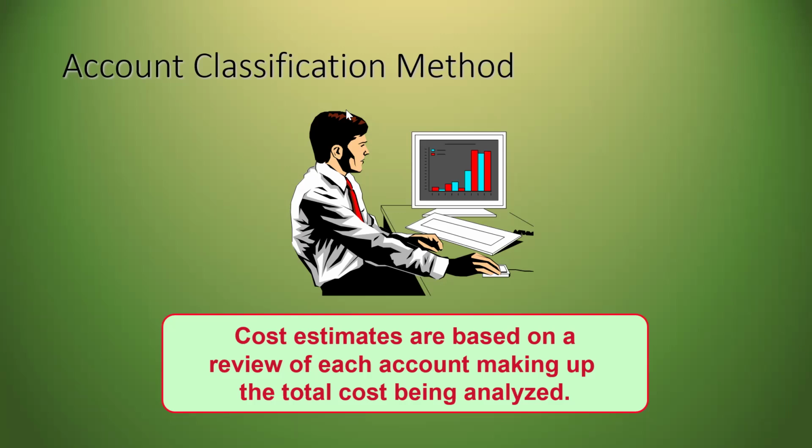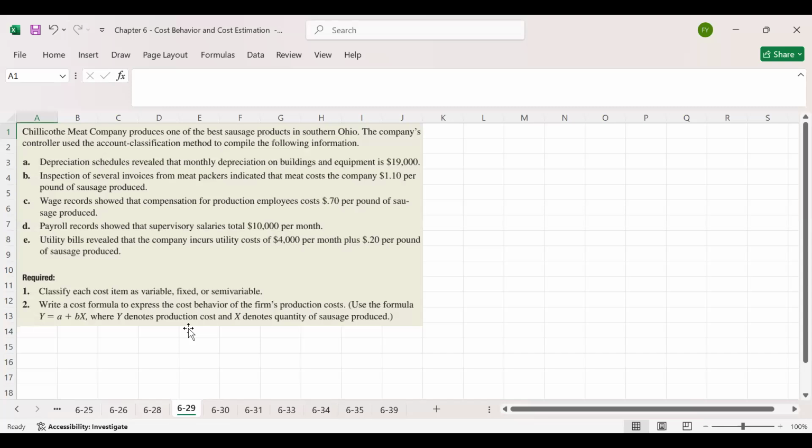Now we are going to practice this method on an Excel sheet. We have the Managerial Accounting book by Ronald Hilton, and we are covering chapter 6, problem 6-29. The meat company produces one of the best sausage products in Southern Ohio. The company's controller used the accounts classification method.